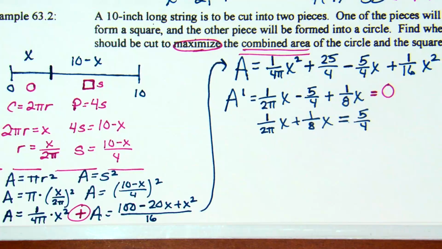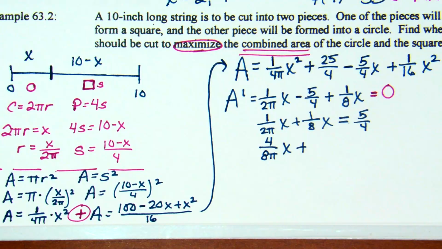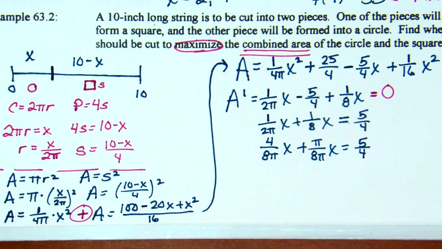What kind of common denominator do 2 pi and 8 have? 8 pi. So let's rewrite these with a common denominator. Multiply that first fraction by 4, so it's 4 over 8 pi x, plus the second fraction I'm going to multiply by pi to get a denominator of 8 pi. You see that? I can zoom in more so you guys can see what I'm working on there. So I have 4 over 8 pi x plus pi over 8 pi x equals 5/4.